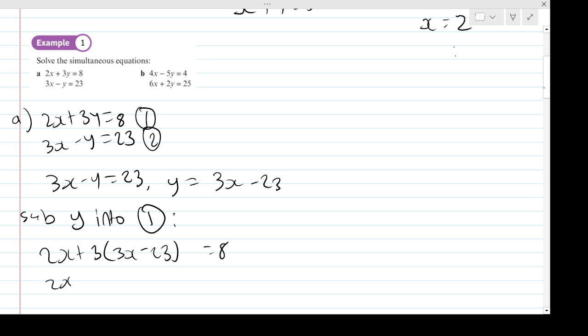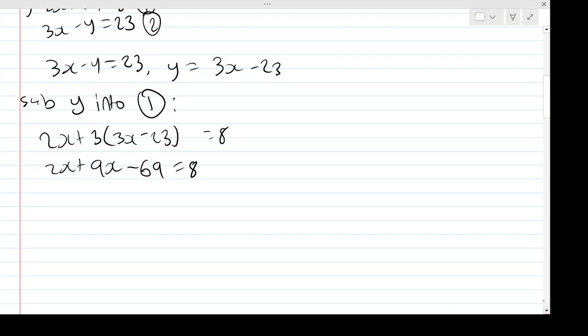So let's expand. 2x and then 3 lots of 3x is 9x. 3 times 23 would be minus 69 equals 8. Then I can say 11x is equal to 8 add 69, that'd be 77. And then x is simply 77 over 11, which would equal 7.